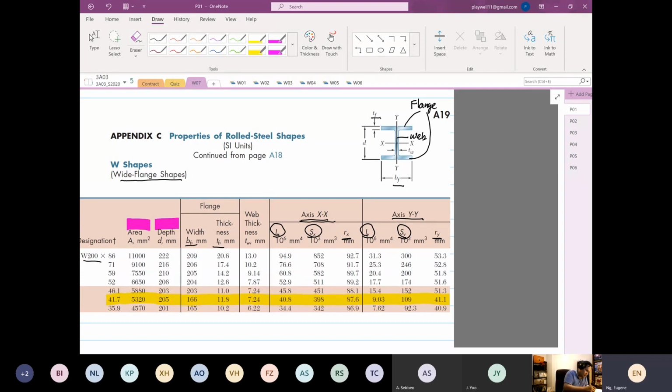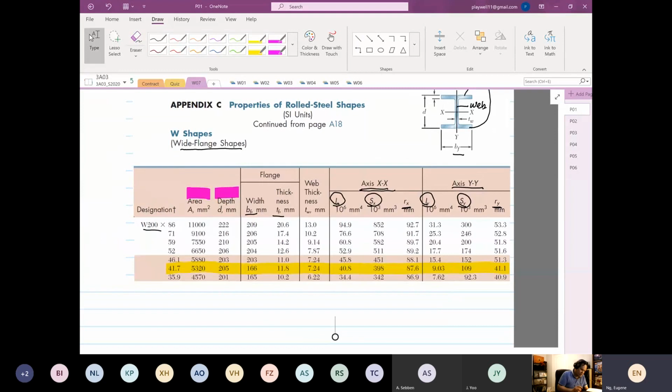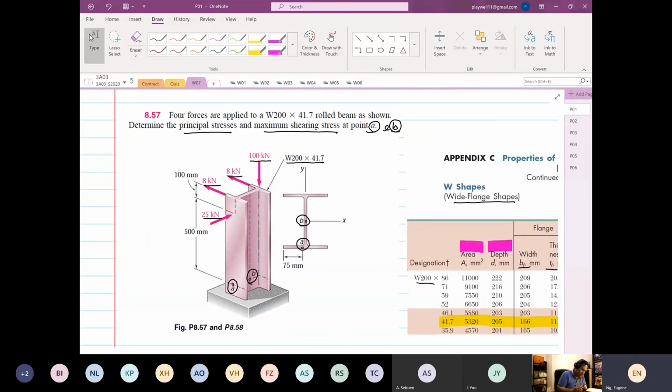So we're given that information and we want to find stresses at point A and stresses at point B. Again, as I highlighted, it's a 3D problem in a 2D world, as our paper is 2D. So before we go on, we have to relate how this transformation is related to our 3D.